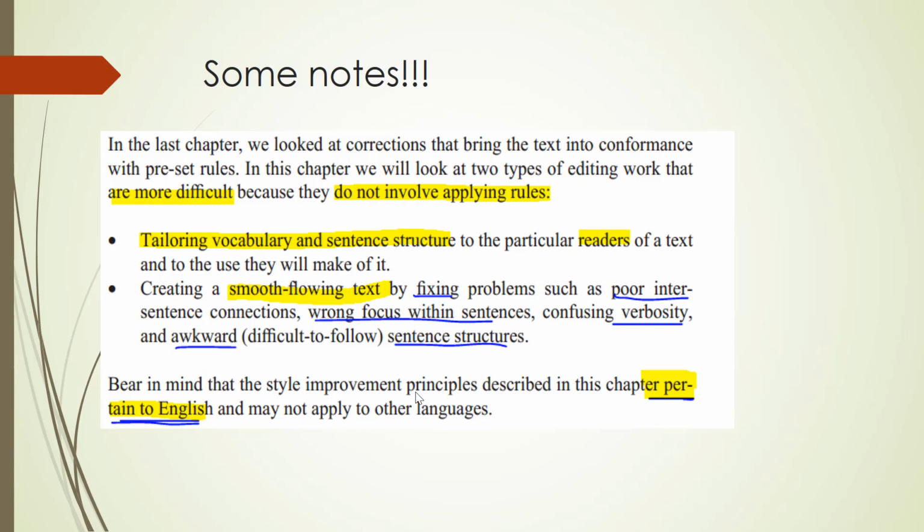Here we have to tailor the vocab and sentence structure to a particular group of readers of the text and to their use. And also we have to create a smooth flowing text by fixing problems of poor inter-sentence connections, wrong focus within sentences, confusing verbosity, and awkward sentence structures.